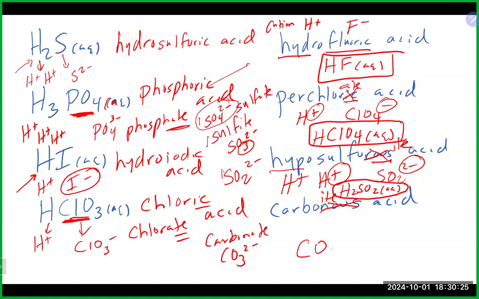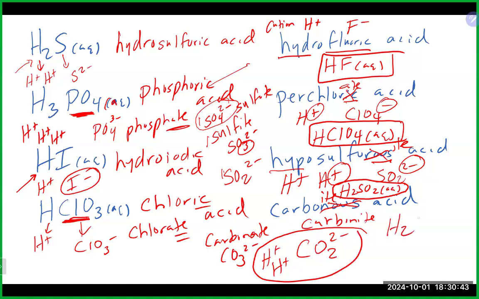It's one oxygen less, right? CO2 2 minus should be carbonite. So again, making that adjustment down. Here we will need two hydrogens to balance that out, and that will give us H2CO2 in this case. Question on that one there.